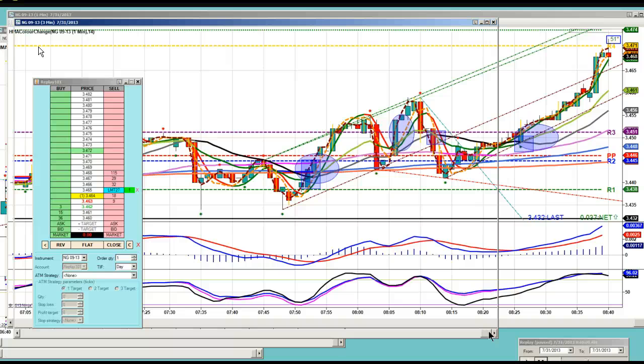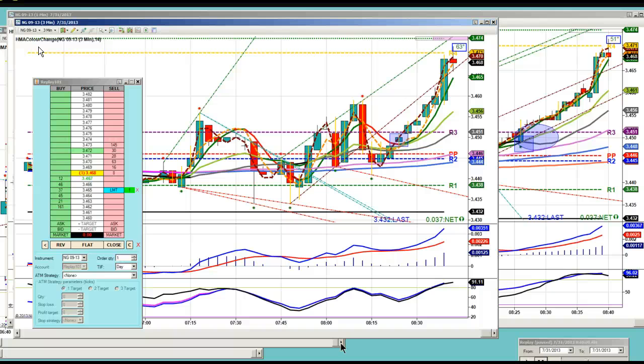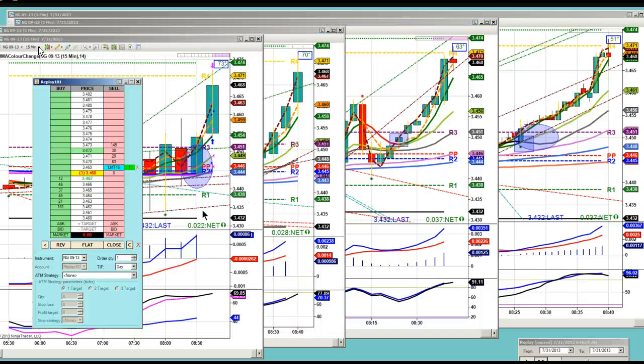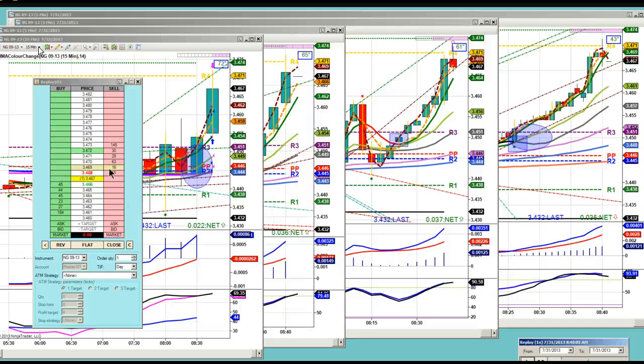I just want to see if it will pick me up. Okay, so now I'm playing the fact that we're starting to go red at the R4. Let's wait for the circle to appear. Okay, here's the circle, and then I do a level 2.